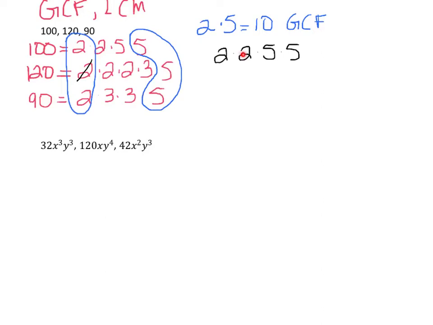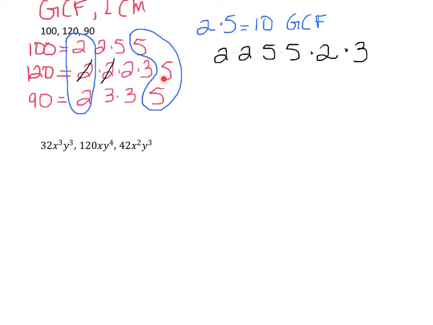I've got a second 2 here, so I can cross out a second 2 there. But notice I don't have a third 2 here. There are 3 2's here, which means that I need 3 2's over here. So I will add that in. Then I look, there's a 3. Do I have a 3? There are no 3's, so I need to include a 3.